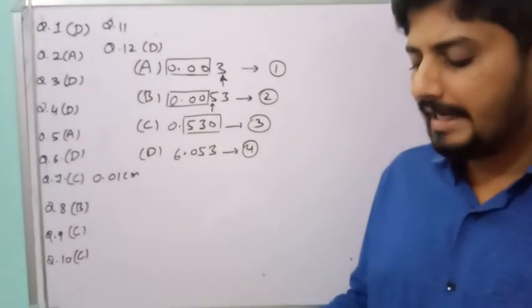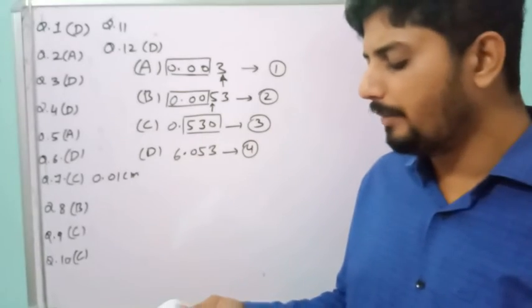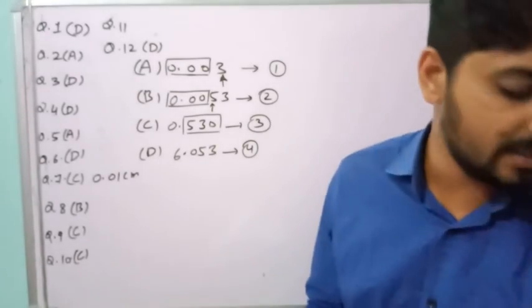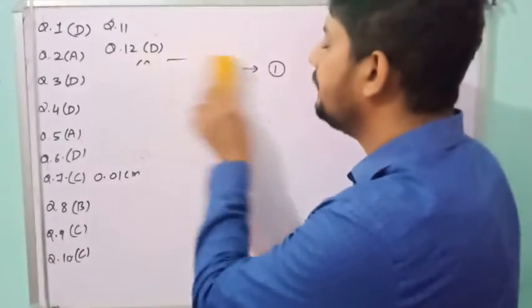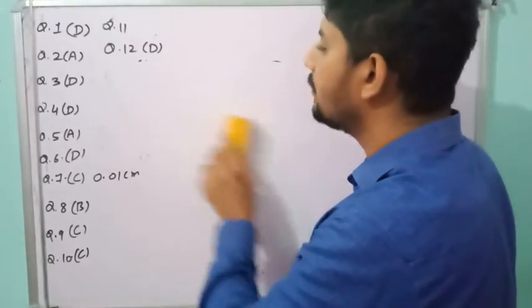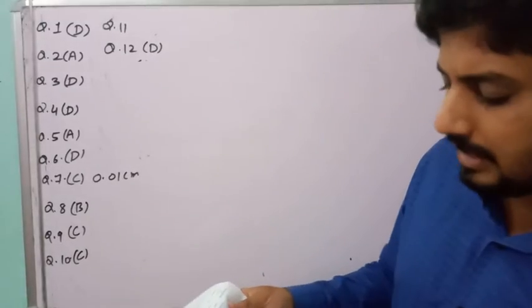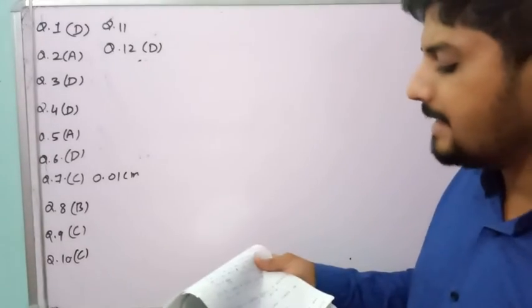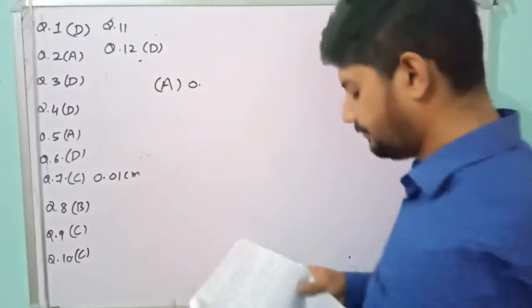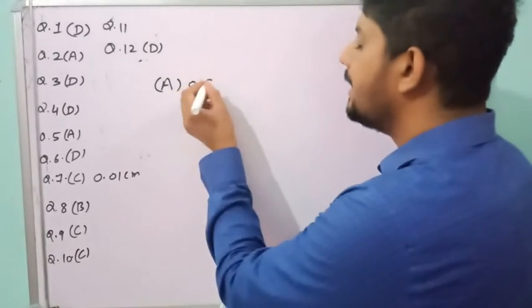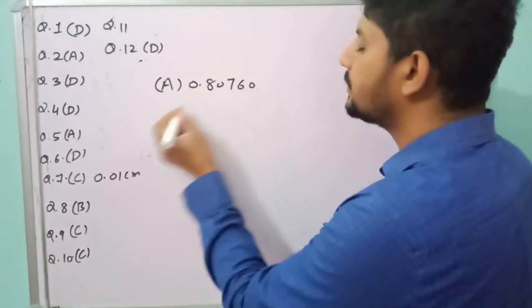In question number 11, what is being asked is: which of the following has the least number of significant figures? Out of the 4 options you have to identify which number has the least number of significant figures. Option A is 0.80760.